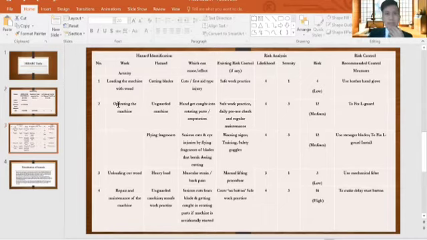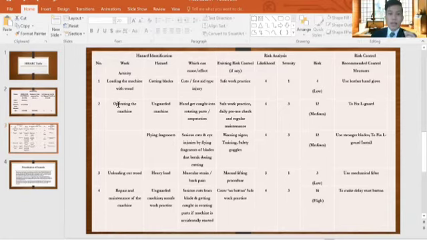So in my next slide, this is the hierarchy table that has been conducted by them, which I shall be explaining to you one by one based on the work activity stated.